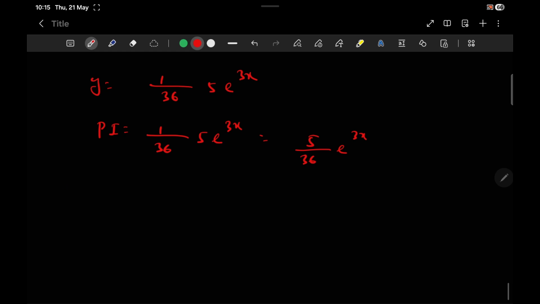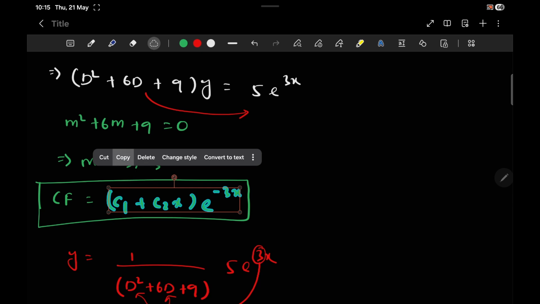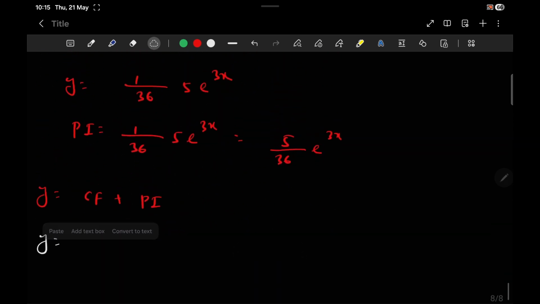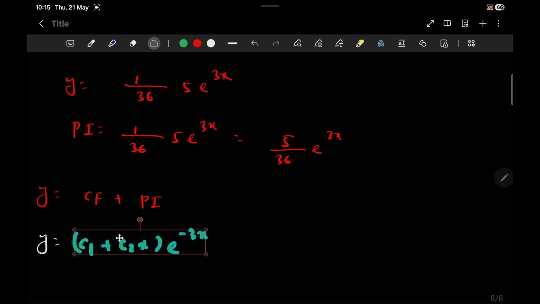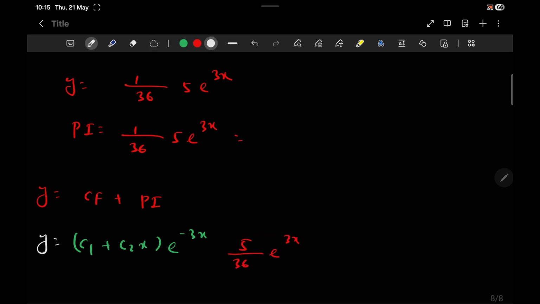So our final answer will be y is equal to complementary function plus particular integral. The complementary function is this, and our particular integral is this, with a positive sign.